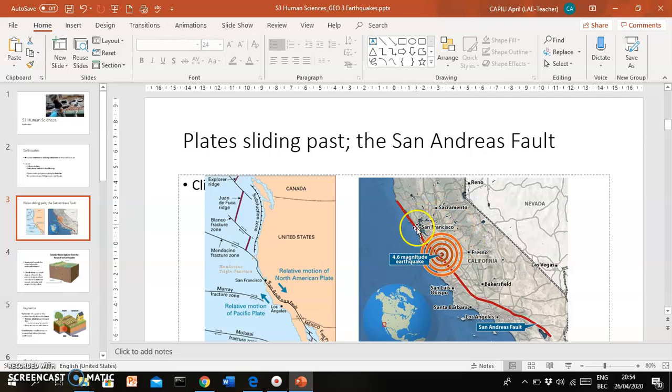You see that this city is situated along the fault line. So you can imagine that there are plenty of earthquakes that happen in San Francisco. Not all of them, of course, are felt by people, but earthquakes are likely to happen in this area because this is where two plates meet and slide past each other.